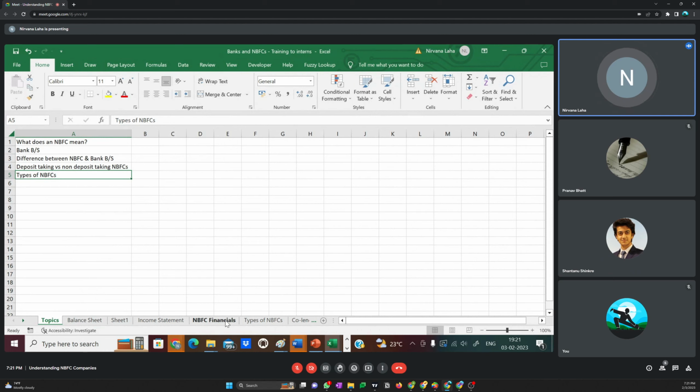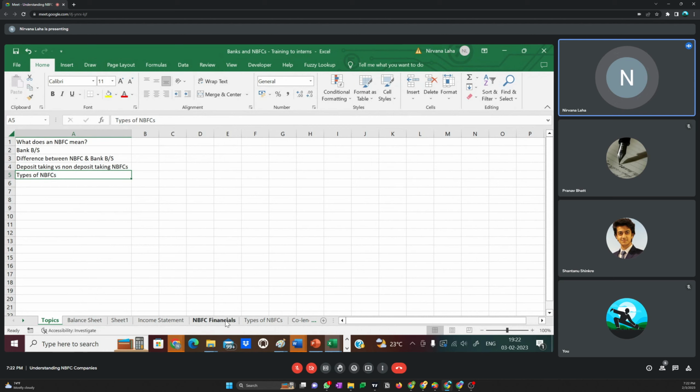Now with NBFCs, naturally, because they have a shorter history, right? NBFCs are, I think, 20 years old, and they are more risky in the sense that the government doesn't protect them directly. So most NBFCs will have to pay a higher interest rate to attract customers.